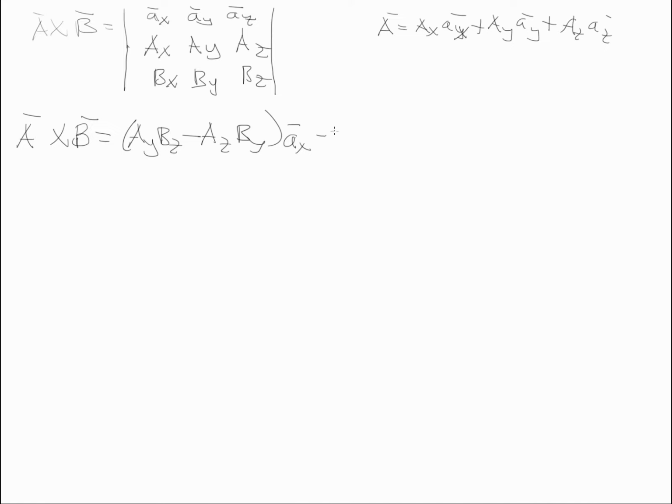And then we go minus, and then we do the same thing for the middle one. AX BZ minus AZ BX times AY, plus AX BY minus AY BX times AZ.